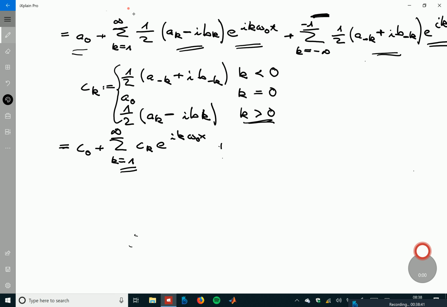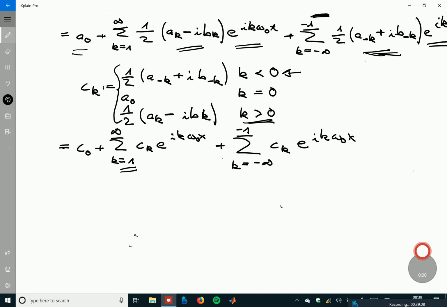And then we have our sum where k is negative. So we have negative k, so we are in this case. And here we can replace this by c_k.